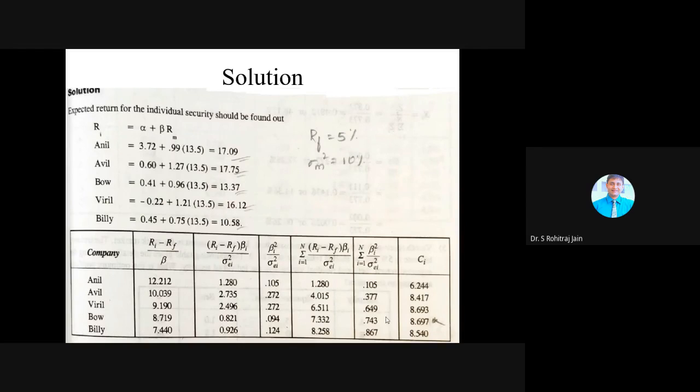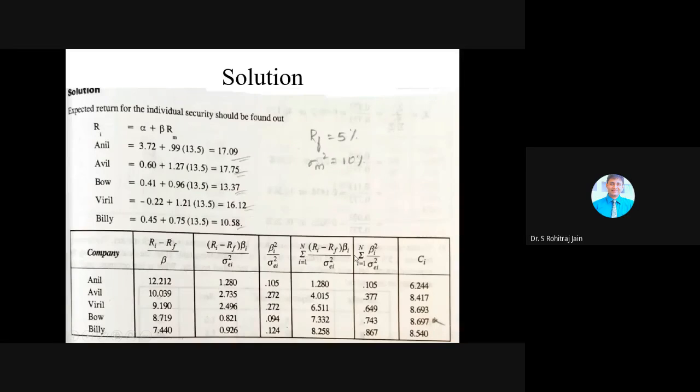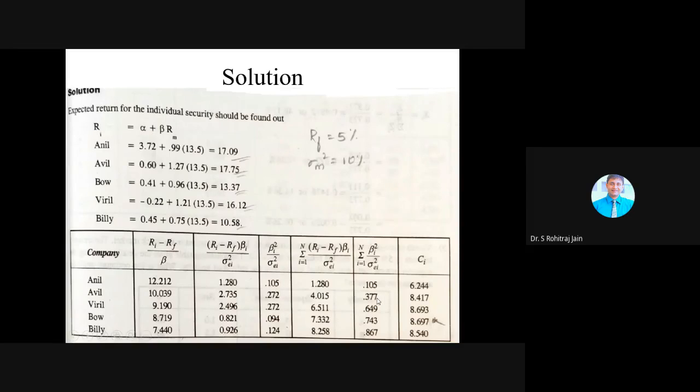Similarly, I request all of you to calculate for Avil, Viril, Bow, and Billy using this particular formula. Very simple. 10 multiplied by, for the second stock, 4.015 whole divided by 1 plus 10 into 0.377. The values are there, already calculated.